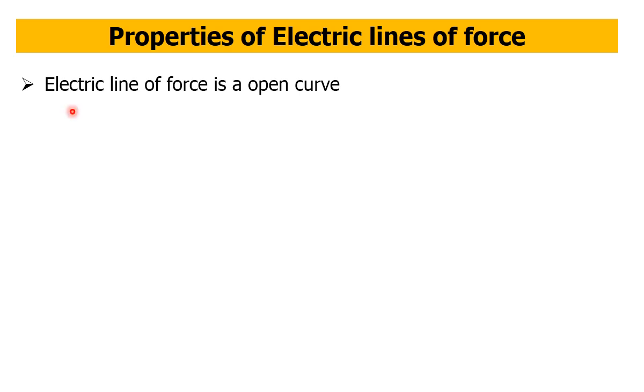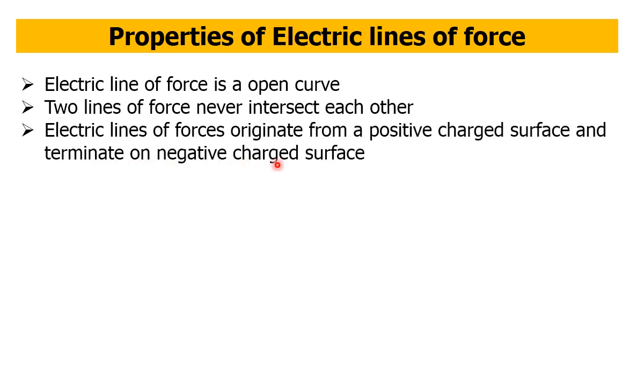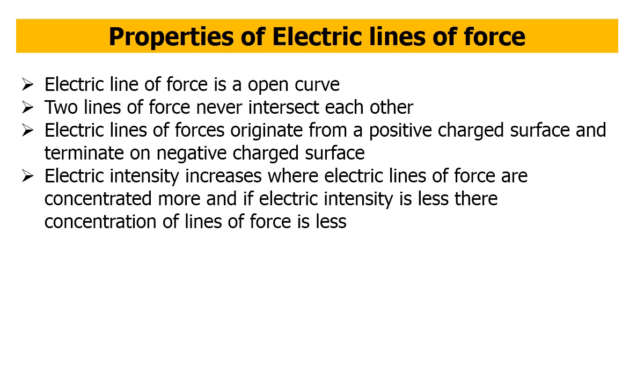The first property is electric line of force is an open curve. Second, two lines of force never intersect each other. Electric line of force originates from a positive charge surface and terminates on the negative charge surface.